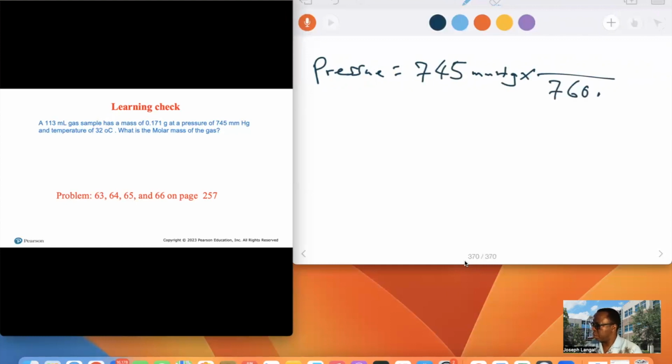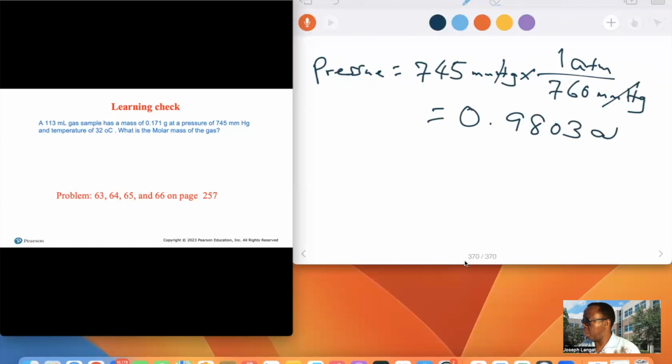760 millimeters of mercury equals one atmosphere, which gives 0.9803 atmospheres. What I've done is change the pressure to atmospheres because of the universal gas constant.